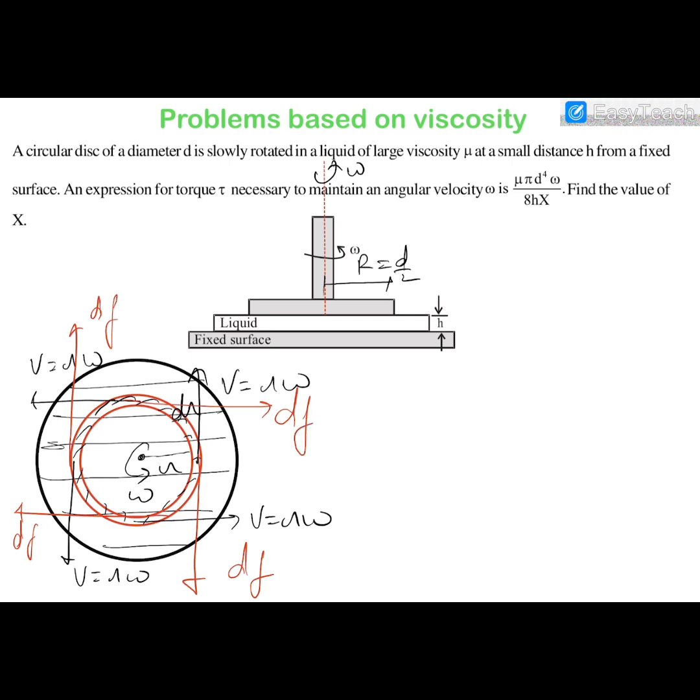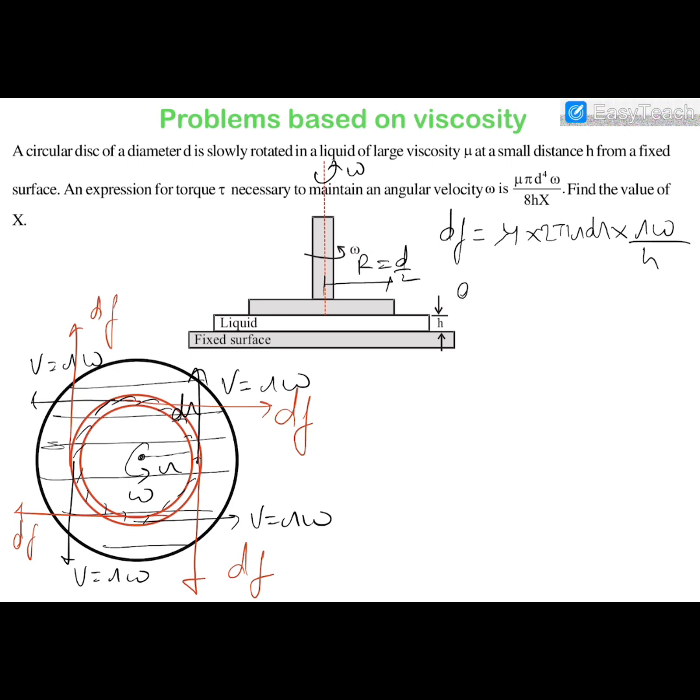So we can write down the value of df: df is equal to mu into area. Area will be 2 pi r dr, into dv by dz. Now v will be r omega and dz will be the thickness of this liquid layer, which is h.